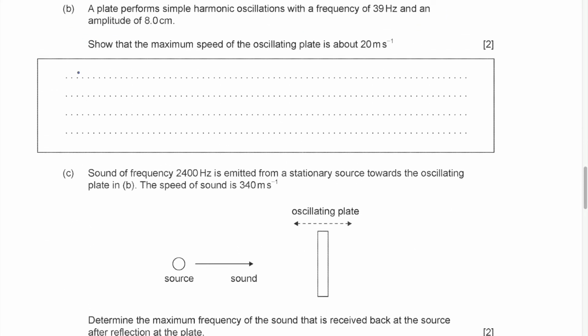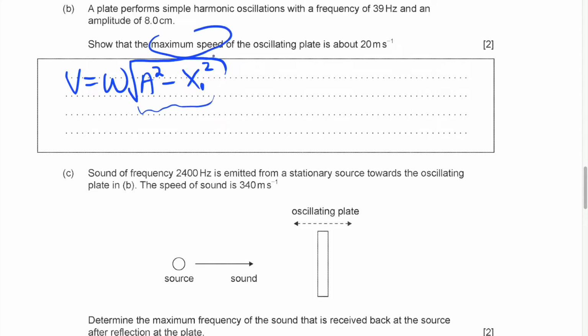The speed of an oscillation at any moment is equal to angular frequency multiplied by the square root of maximum amplitude squared minus the position squared, the distance from the equilibrium position. I'm going to represent this using x sub 0 squared, because I don't want to confuse the symbol a here. Because we want to calculate the maximum speed, we want this to be as large as possible.